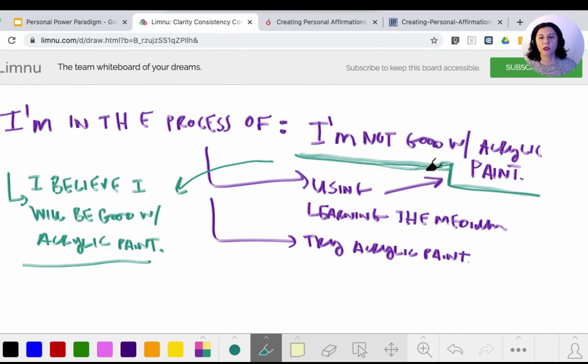So when this one creeps up, I go over here and I redirect myself. And I notice the feeling. It's an instant change for me when I say, I'm not good with acrylic paint. That doesn't feel good. It feels almost like anxiety to me. It's like, well, why not? I'm a why person. Like, well, why not? Who says? Who told you that?